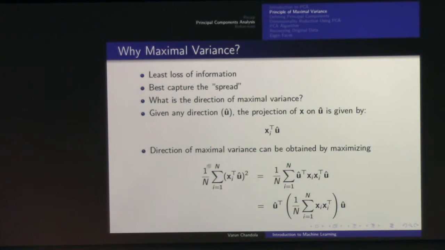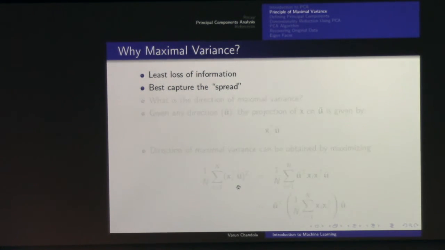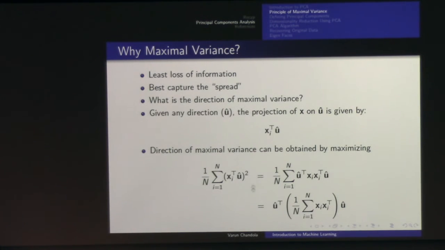We are trying to maximize the variance of the data set, because we not only have 1 point, we have n points. So this can be written as, I just expand it, so it looks like this. If I rearrange the terms and move the u outside, because u does not depend on i, it looks like this.